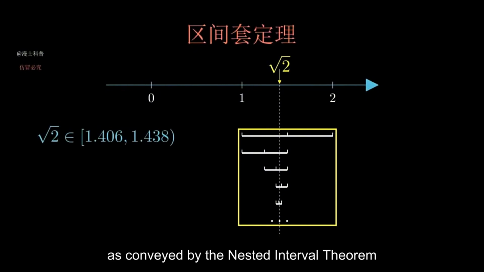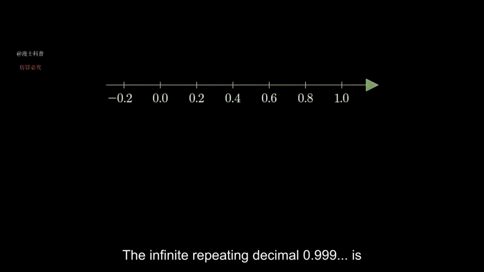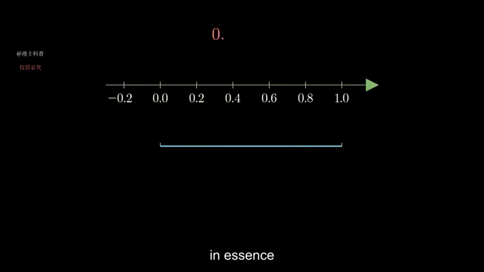As conveyed by the nested interval theorem, every sequence of nested, shrinking intervals, whose widths tend to 0, uniquely corresponds to a single real number. Now, we can finally return to answer the initial question. The infinite repeating decimal 0.999 is, in essence, precisely such a shrinking interval.